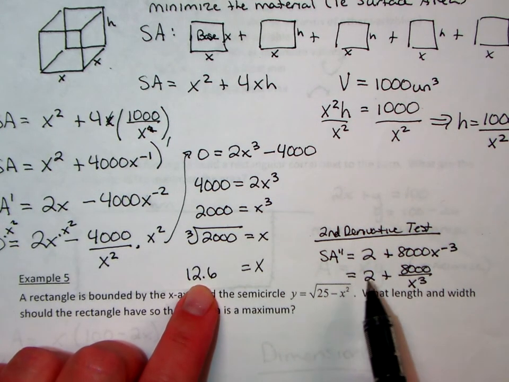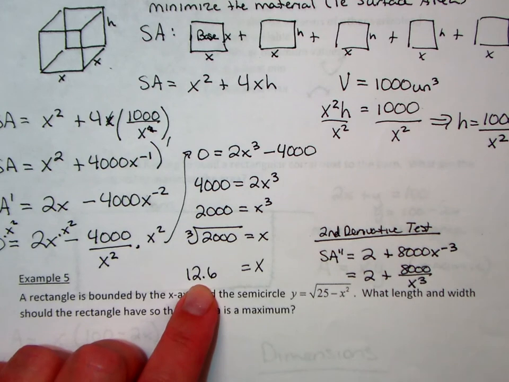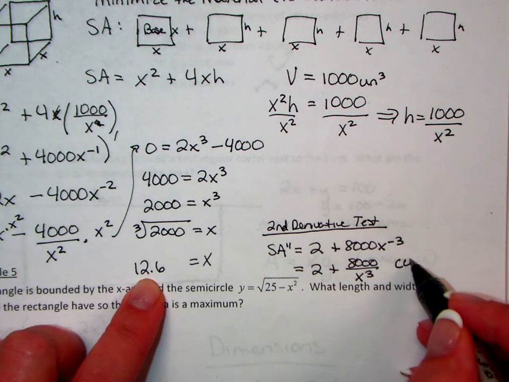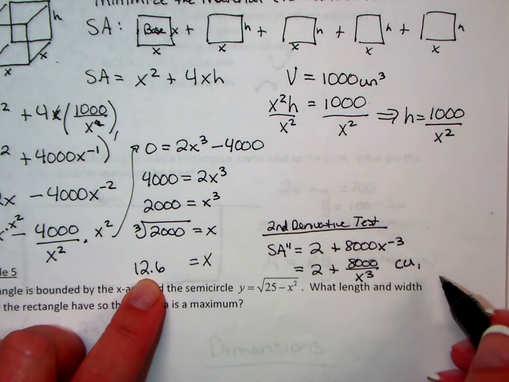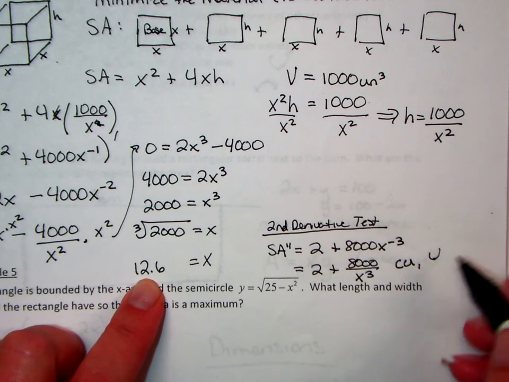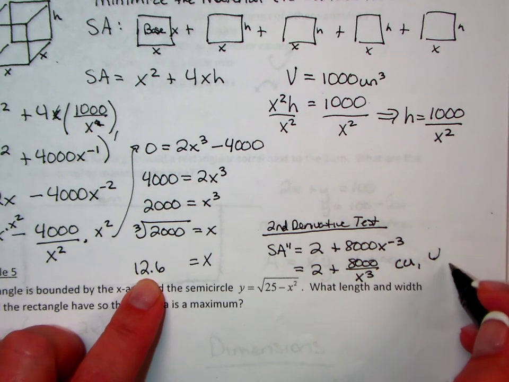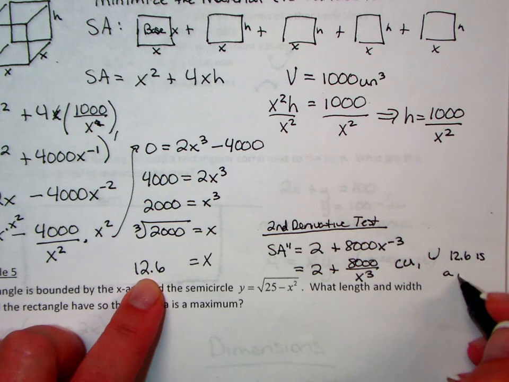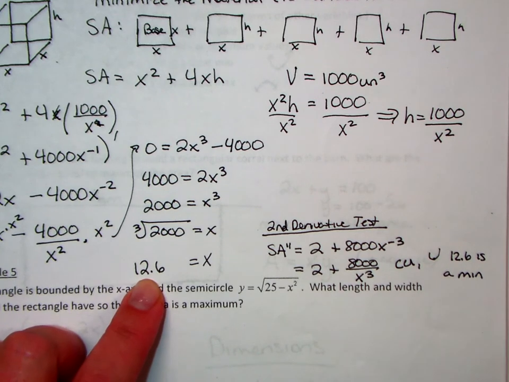So a positive number plus a positive number is positive. If the second derivative is positive, we know that the function is concave up. And if the function is concave up, then where the derivative is 0 has to be a minimum. So therefore, 12.6 is a minimum.